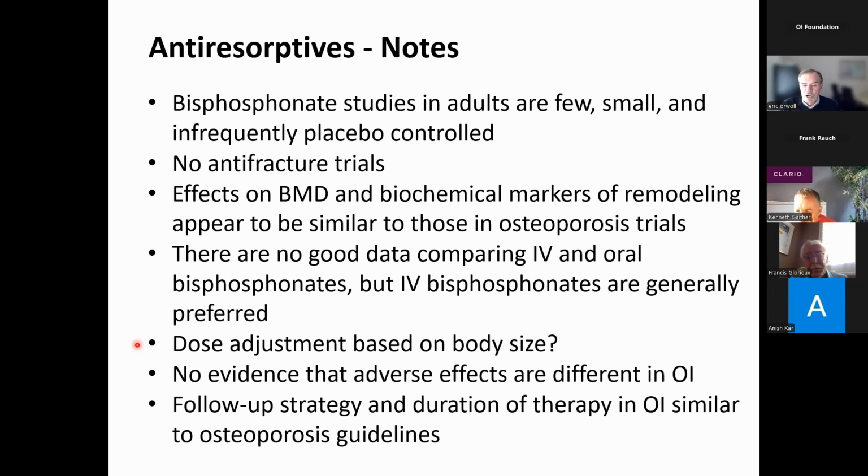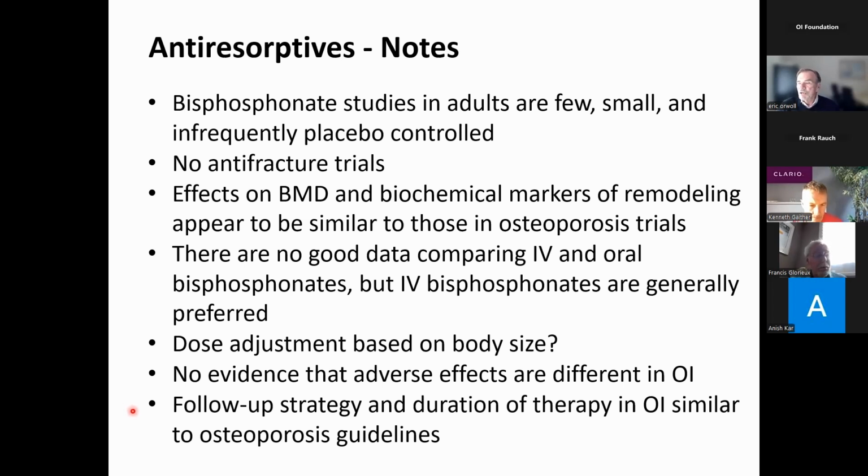So in people with OI who are smaller, for instance, less than 30 or 40 kilograms, we frequently adjust the dose, maybe using doses that are similar to those in kids when we administer bisphosphonates. We don't have evidence that adverse effects are any different in people with OI compared to people without OI receiving bisphosphonates. We can talk more about that in the question session if necessary.